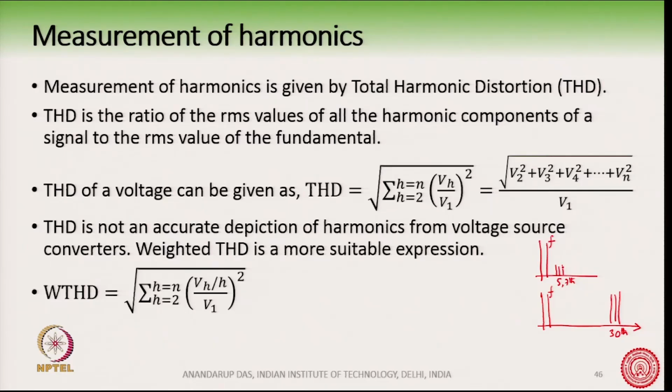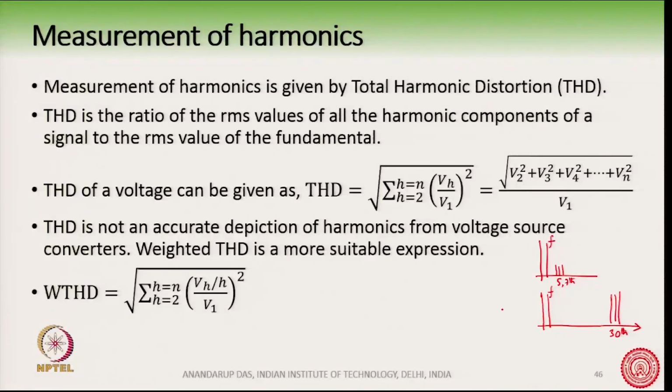If you now do the THD analysis of this, you will see that THD is more here and THD is less here. THD is more because the amplitude of the 30th harmonics is much higher, whereas the THD is less here because these harmonics have less amplitude, although they are very close to the fundamental. In the second case, there is no harmonic which is close to the fundamental.